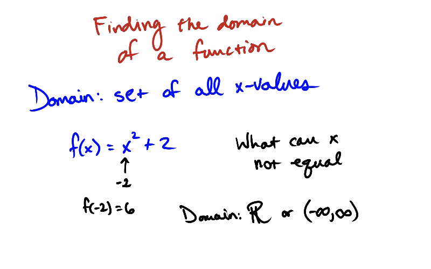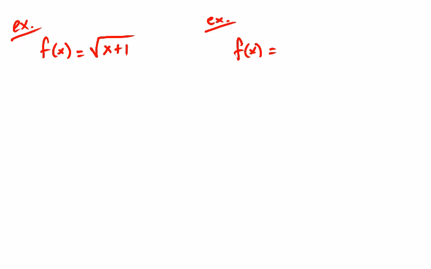The problem comes in when we get a little bit more involved with problems like these examples, when we have a square root, like f of x equals the square root of x plus 1, and another example where we run into trouble, something like f of x equals 2 over x squared minus 4.